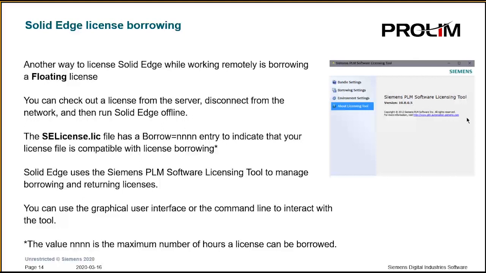This value usually represents the maximum number of hours this particular license can be borrowed for. So Solid Edge uses the Siemens PLM software licensing tool to manage borrowing and returning licenses, and it's easily accessible under the Solid Edge folder in your Start Program directory. You can use the graphical user interface or command line. The tool is quite flexible.